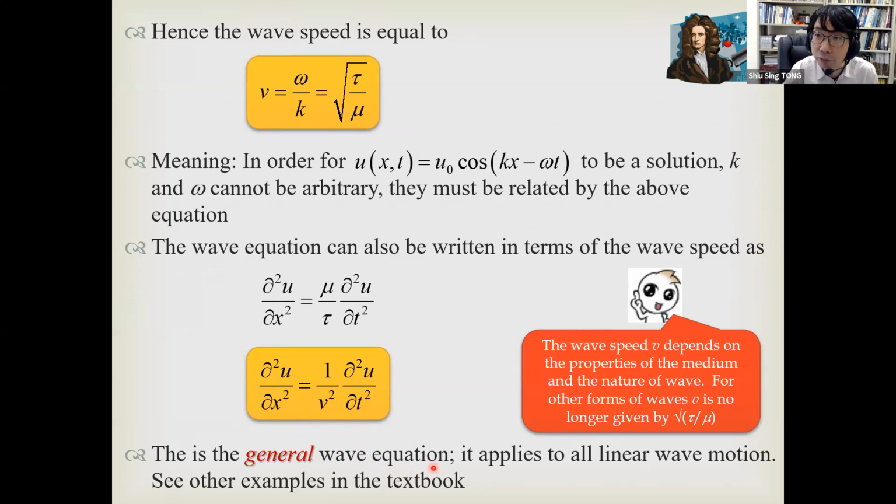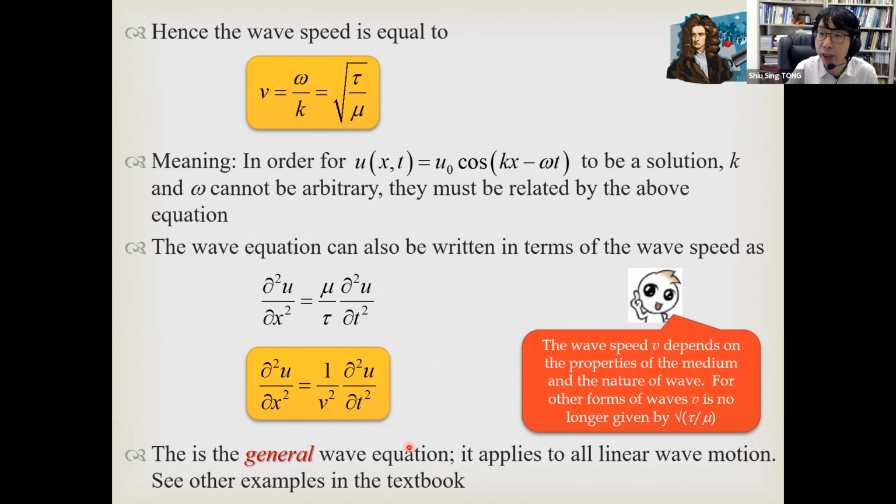For other kinds of waves, v is no longer given by the square root of tau over mu. You may consider other kinds of waves, for example, sound waves. The sound wave has a wave speed determined by air pressure and air density. And for other kinds of waves, like water waves, it may be determined by the water depth or some other property.